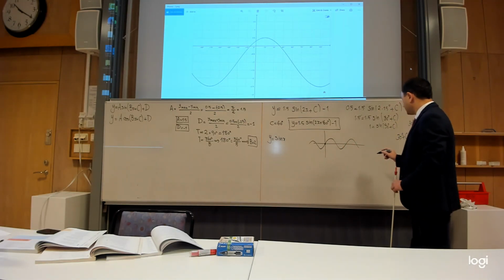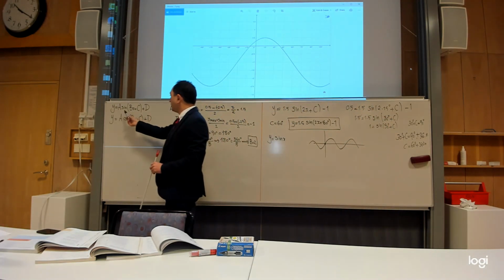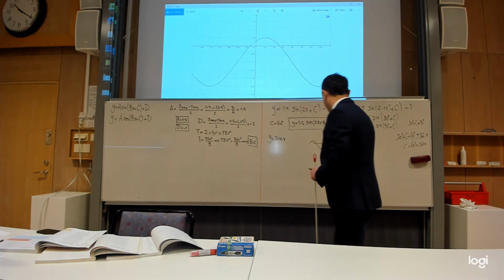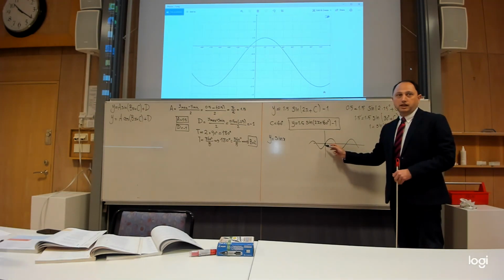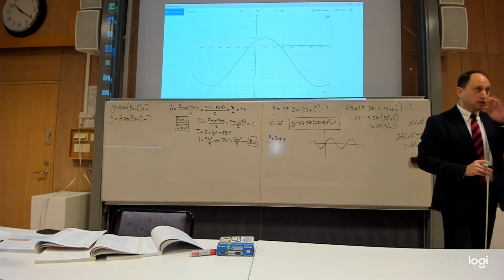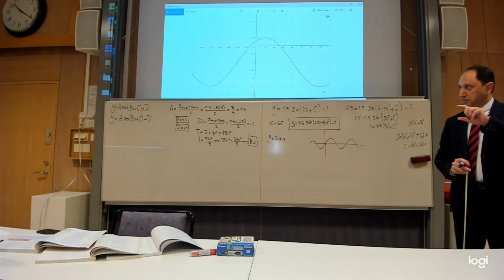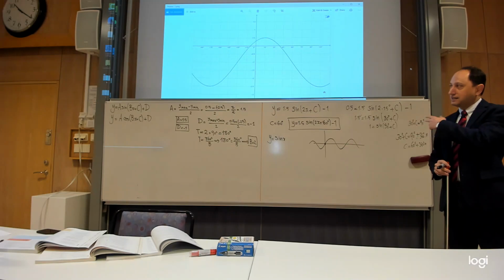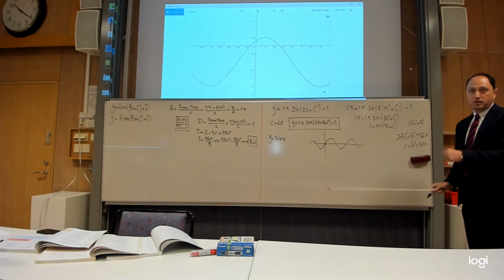Okay, let us see what happens if I do these operations. Multiplying it by a number, multiplying x by a number, shifting it, adding d to it, so you already know. None of those operations will change this 0, except which one of those? We have 4 operations. Multiplying the function by a, multiplying x by b, adding c to it, adding d to it, okay? None of them will change this 0 except the shift one.